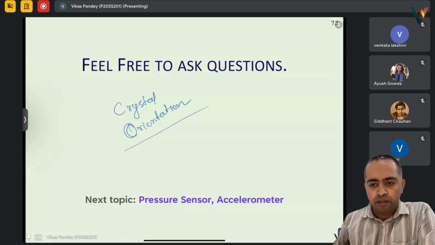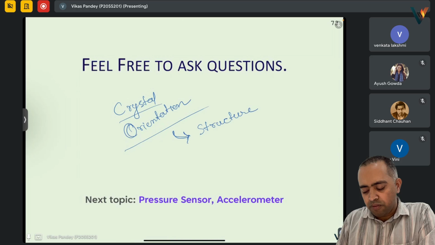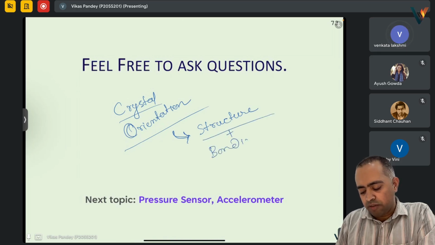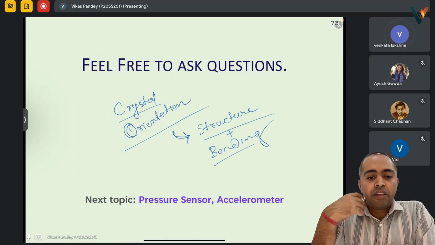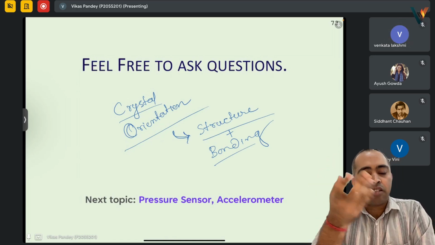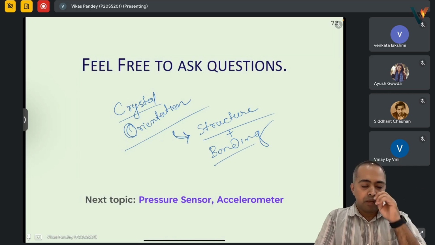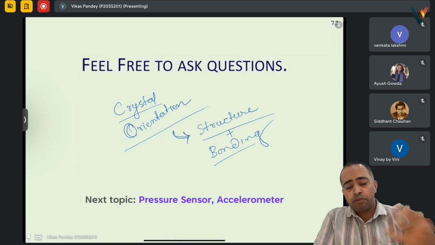Yeah, crystal orientation, specifically the structure and the covalent bonding. Okay, that I will make slides and we'll cover that. Next topic is pressure sensor and accelerometer. Sir will be discussing in week 4 some pressure sensors and accelerometers, like a case study. That will be covered next.